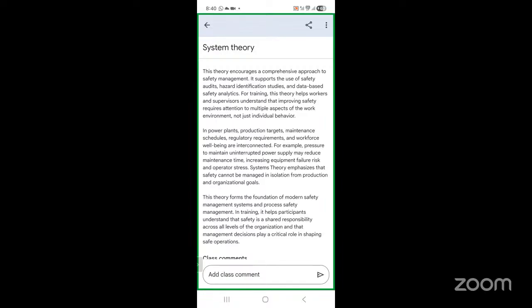They are not interested in changing any procedure, any administrative function, or any training. They do not give much importance to training. So safety training is possible when the organization follows the open system model. So this is clear to all of you? Yes, sir.